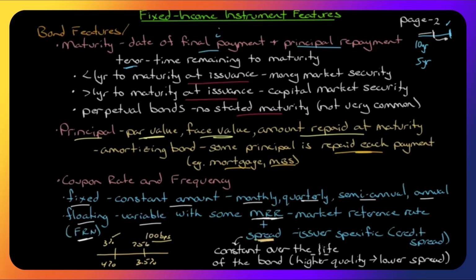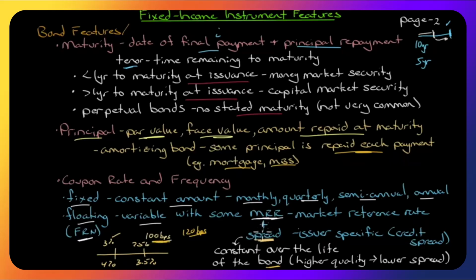The spread is constant over the life of the bond. Now, that does not mean the credit quality of the bond is constant. It means the spread is constant. Let's say the market thought, you know what, 100 basis points, not good enough. We need 120 basis points considering the risk. Well, this would still remain as 100 basis points.